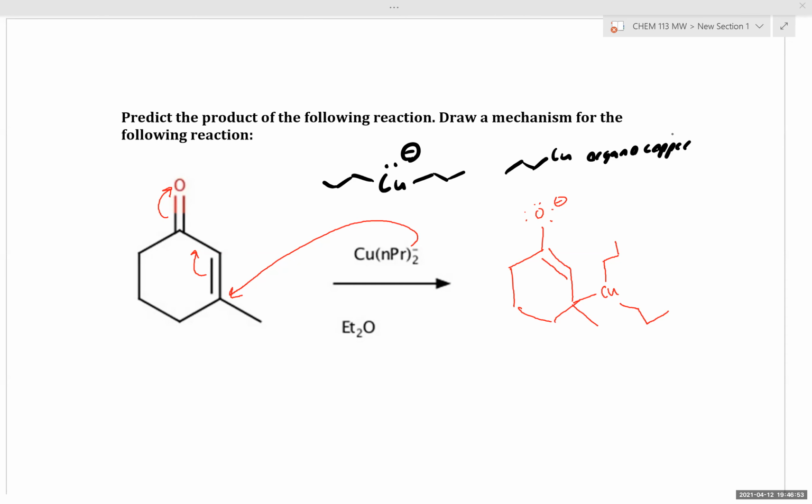So in this case, we want to form this desired bond, right? And we need to break these two bonds, right? So let's draw out the arrow pushing mechanism to complete that.